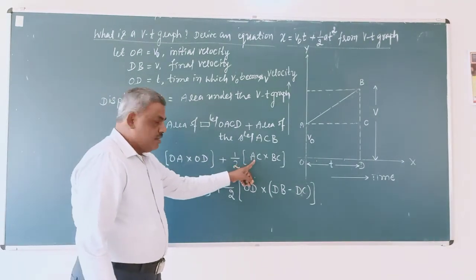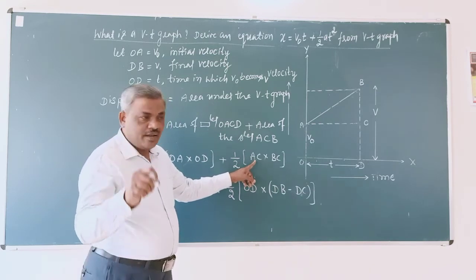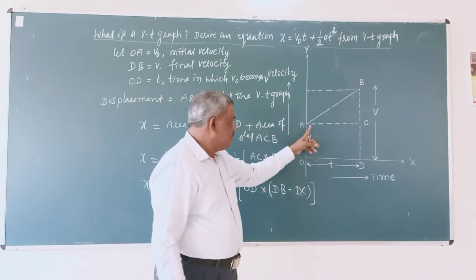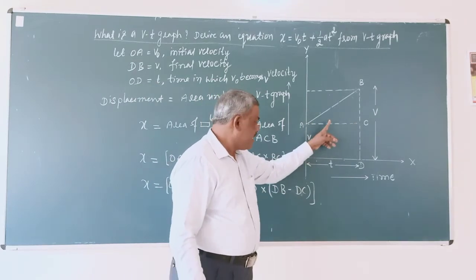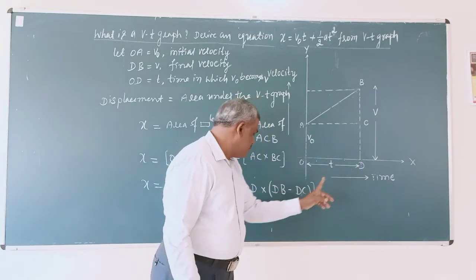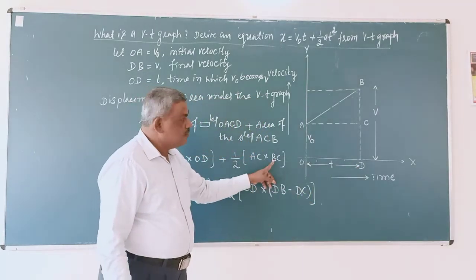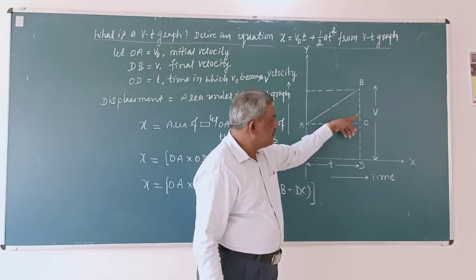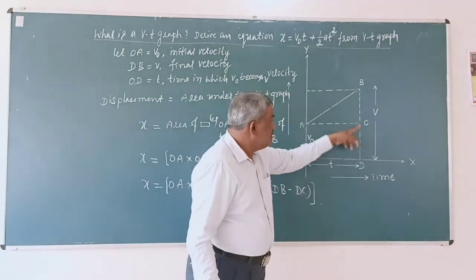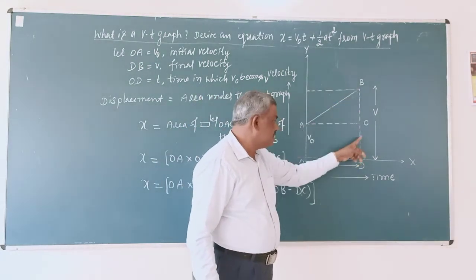The area of the triangle is base into height. The base AC is parallel to the x-axis, that is OD. So BC is written as DB minus DC.